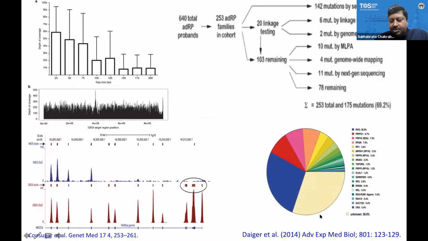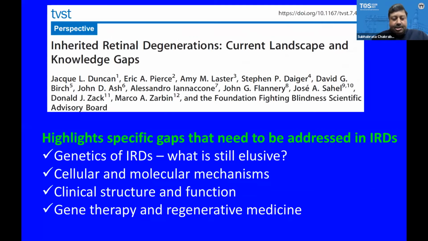As you can see, more than 30% of cases are still unanalyzed because there are epigenetic changes and other things within the genome, and that creates problems of understanding unless one does a comprehensive analysis. And so it is essential to identify what are the gaps that are involved and what are the cellular and molecular mechanisms before undertaking therapy.